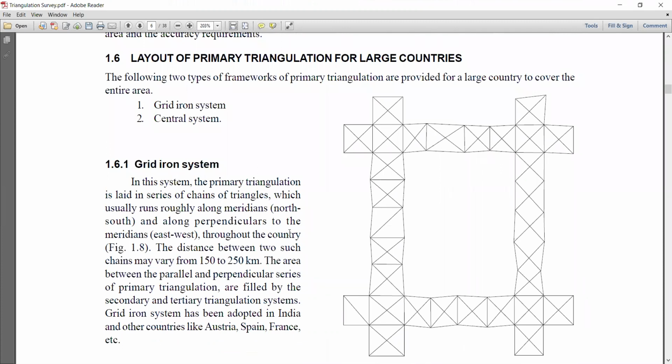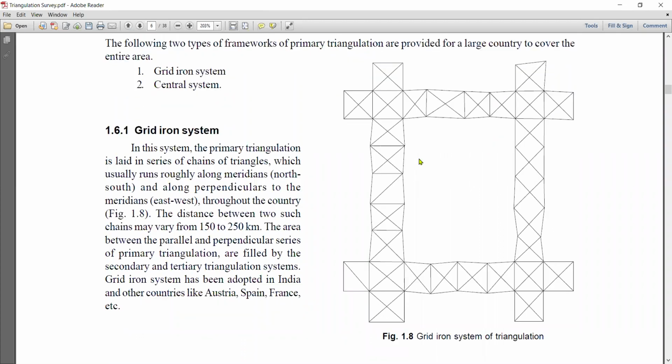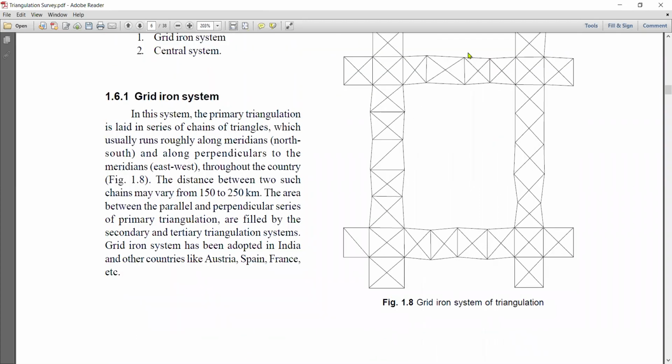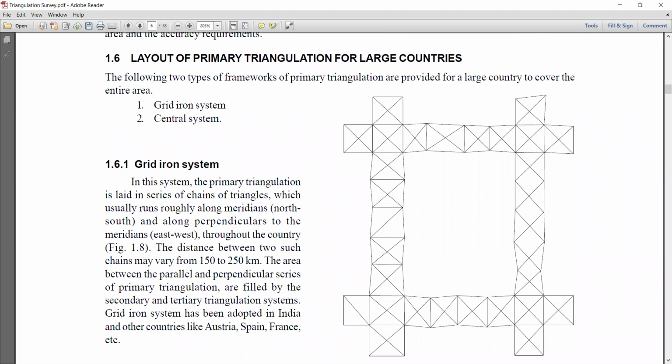Taking an example of the layout of primary triangulation for large countries, this is the best example to explain the triangulation system: the gridiron system. Here, this is a figure of the gridiron system of triangulation, where by using this triangulation system, we can cover the entire area.